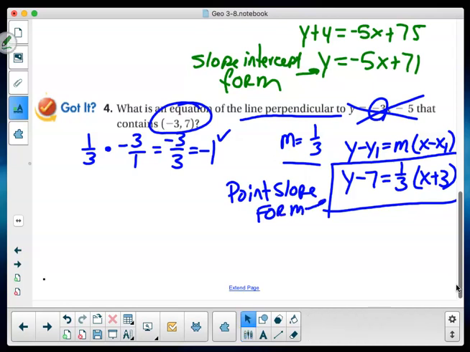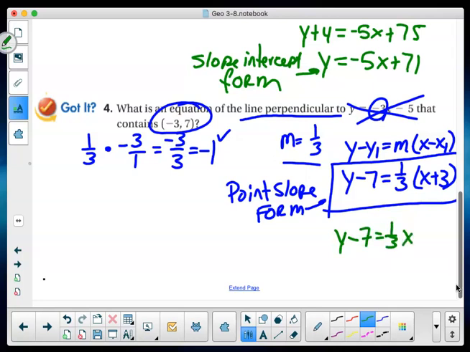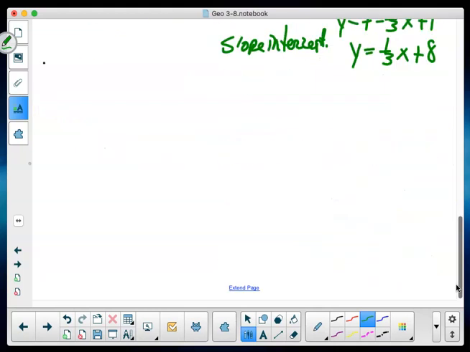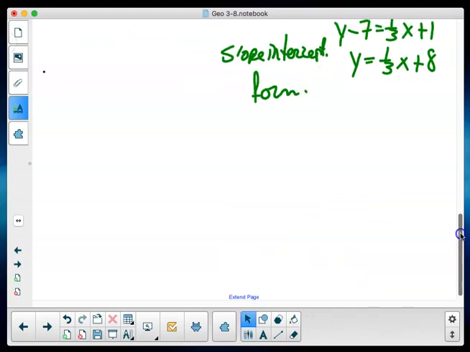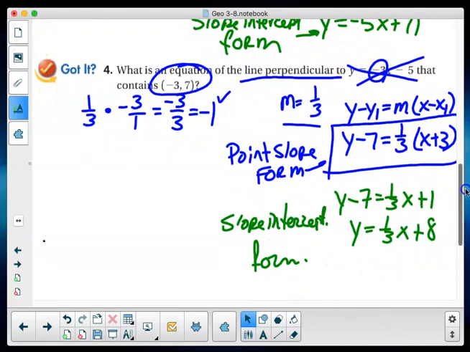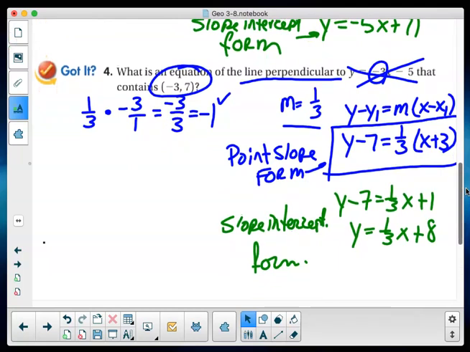If I wanted to, I could totally solve y minus 7 equals 1/3 x plus 1, because that's 1/3 times 3. And now I could just add 7 and go y equals 1/3 x plus 8. And that is my slope-intercept form. We'll bring that down. Okay, so that's a line perpendicular to the given line through the given point.